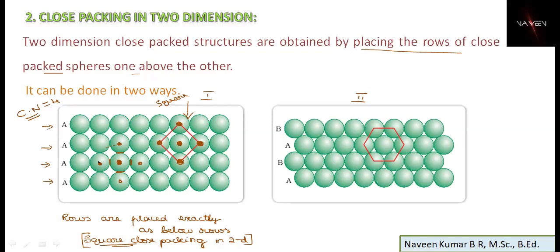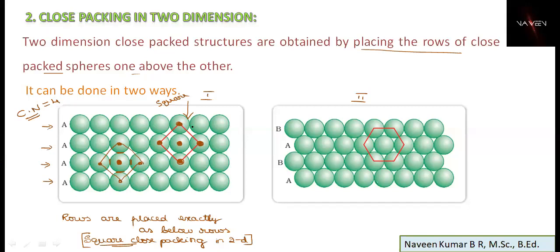If you join the centers of such neighboring particles, again they will form the shape of a square. So the shape of a square is formed by joining the centers of neighboring particles.